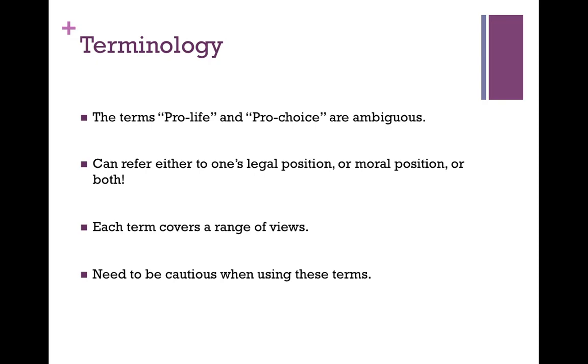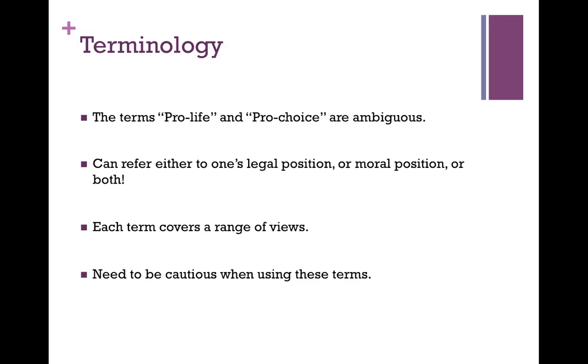Now, I want to say something very quickly also about the terminology we're going to be using, because the terms pro-life and pro-choice are very, very common terms, and in fact, I've been using them already. As I've said, a lot of you may already identify with one group or the other, but I really don't like these terms. I mean, they're very ambiguous, and they're ambiguous in a couple of different ways.